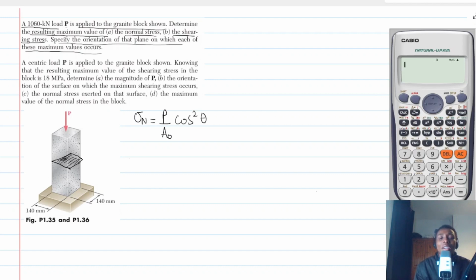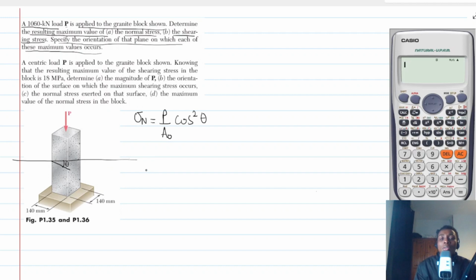This angle is the angle of inclination of the surface with the normal. If there was a normal axis here, what would be the angle of inclination? That is theta.